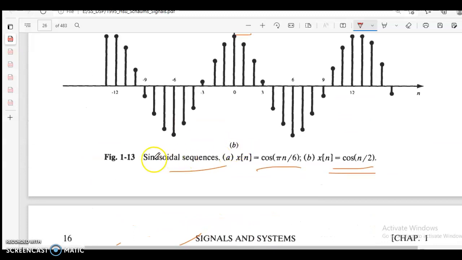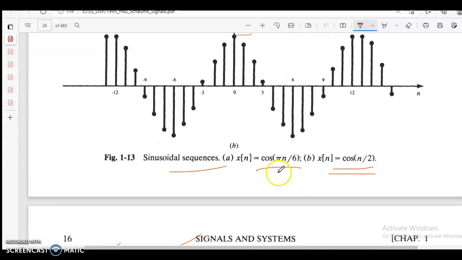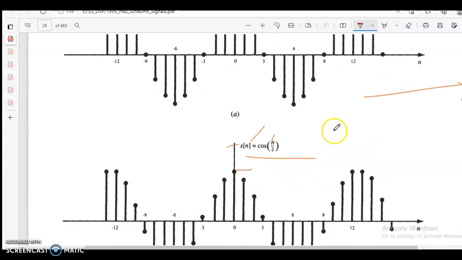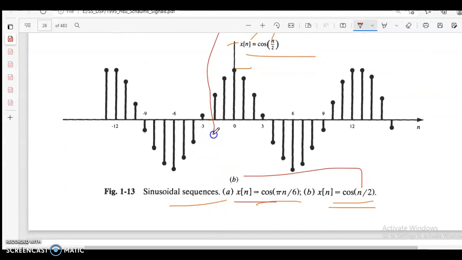Here phi of n equal to cos of pi n by 6, and x of n equal to cos of n by 2. This one we have already seen.